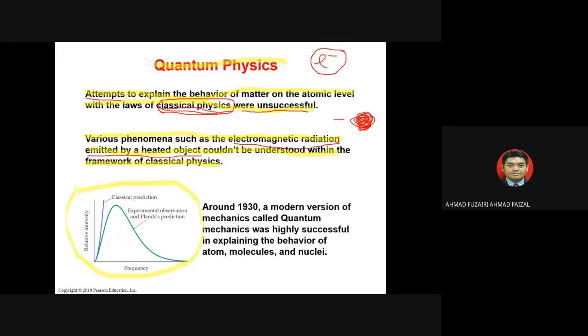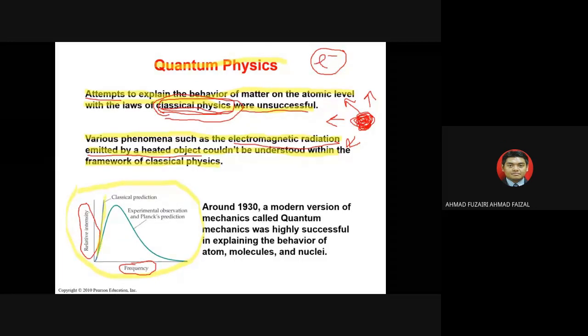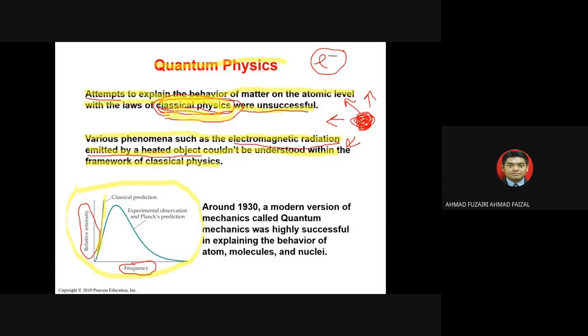If you plot the relative intensity of the radiation versus the frequency, according to the old classical physics theory, what you are going to get is this blue line. This is what we expect using classical physics. Experimentally, however, this is not the case. Experiment shows that what you get is this curve.